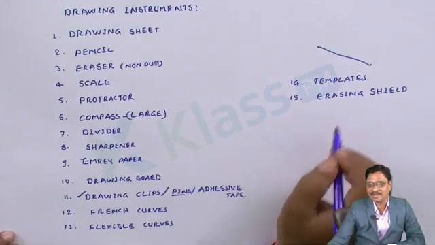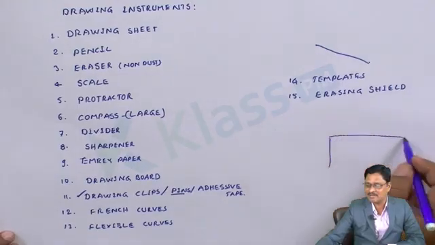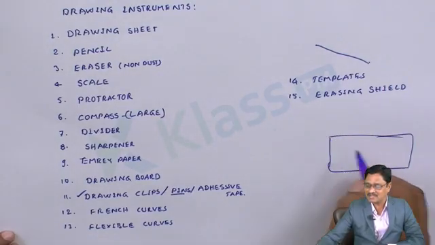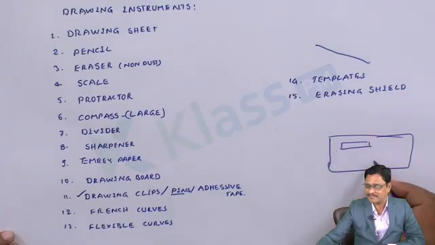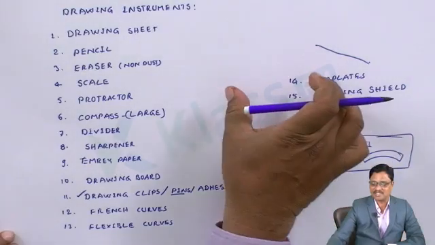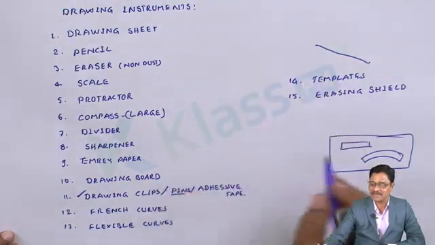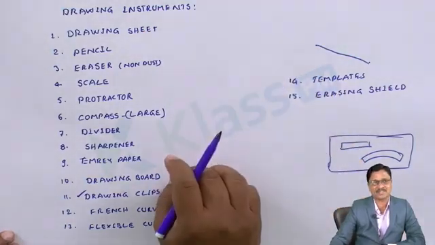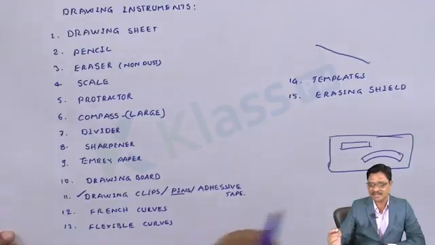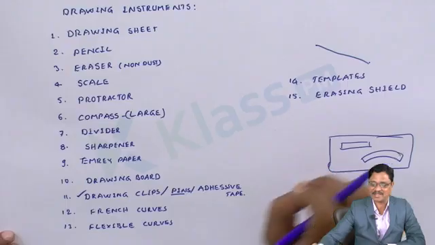To avoid that, the erasing shield is a metallic plate on which cavities are made. Wherever you want to erase a drawing line, place the plate over the drawing, and ensure that the area you want to erase appears in the cavity. Then take the eraser, rest your palm on the plate, and with that support simply erase your work.